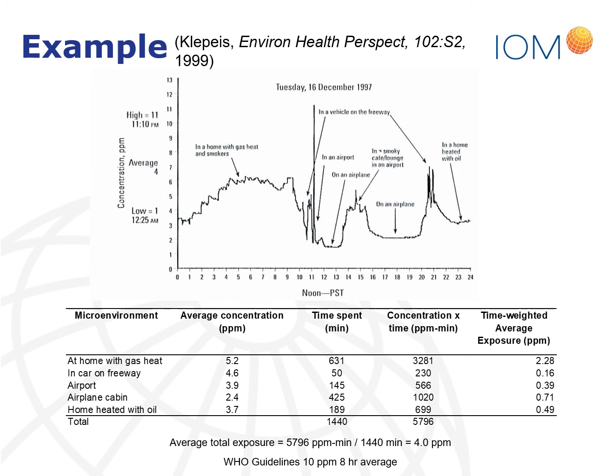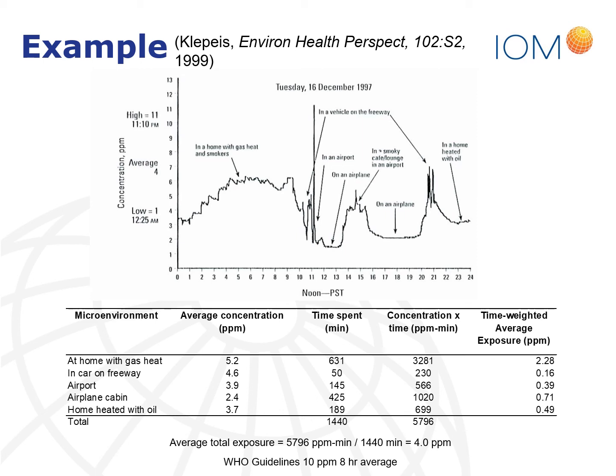Here is an example of how you would use the equation in the prior slide to calculate a person's exposure to carbon monoxide. In this example, a person carried a carbon monoxide monitor around with him for a day. You can see in the graph how the carbon monoxide exposure changes depending on where he is. Carbon monoxide is produced during combustion, so you would expect that if there are smokers, there would be higher values. Also, we see higher levels while driving.